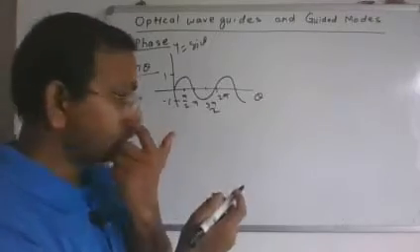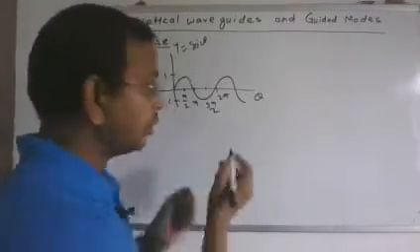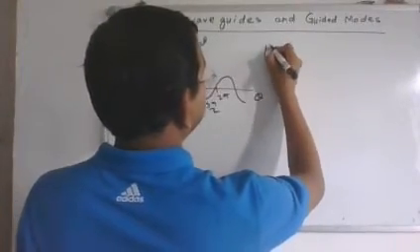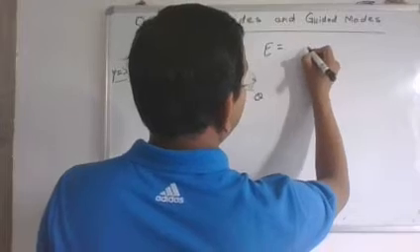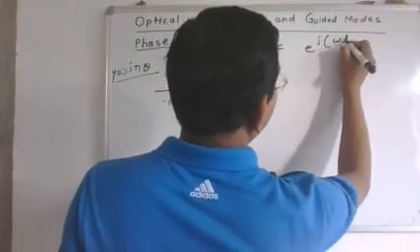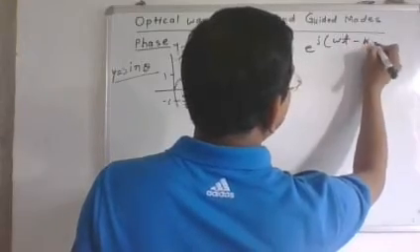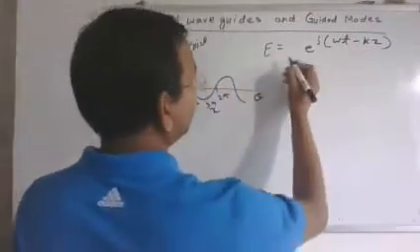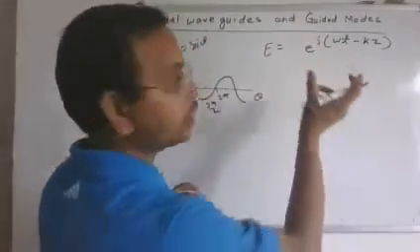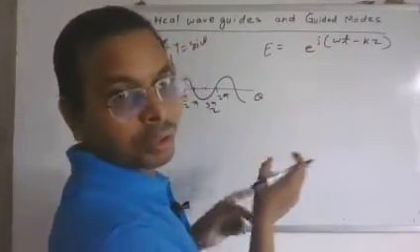And why is it important in EM field theory? Because the electromagnetic field is written as E equals e to the power j(omega t minus kz). Here this is exponential form, complex form, so its real part is the actual wave.